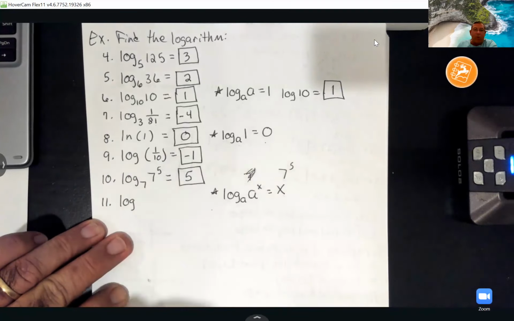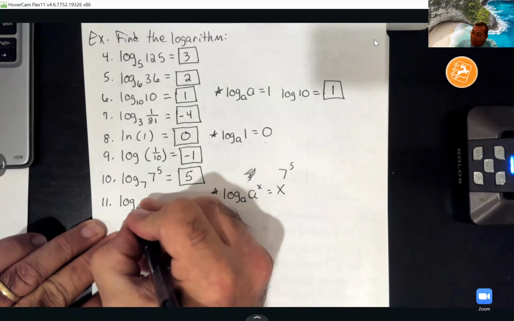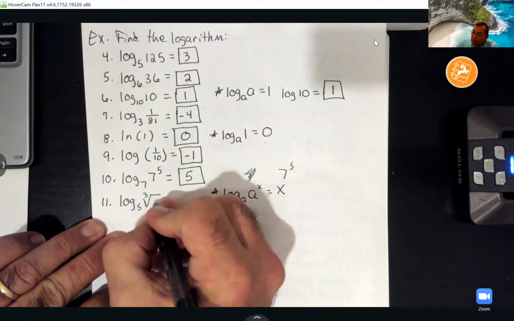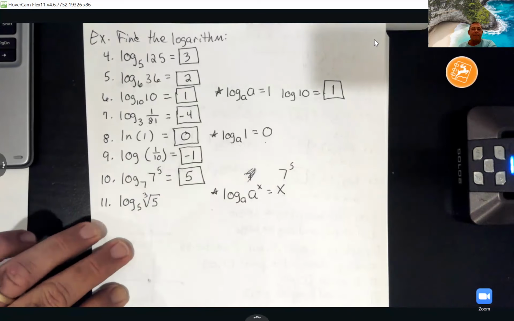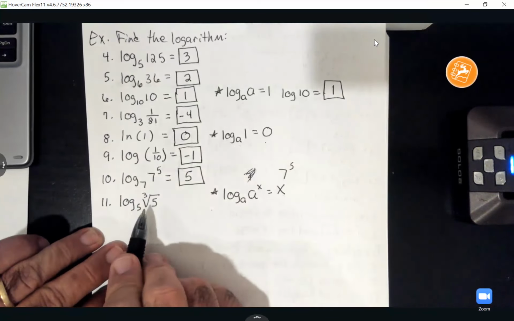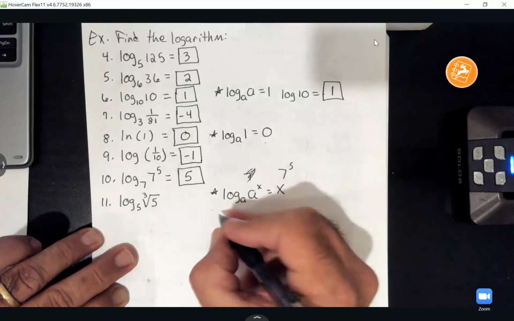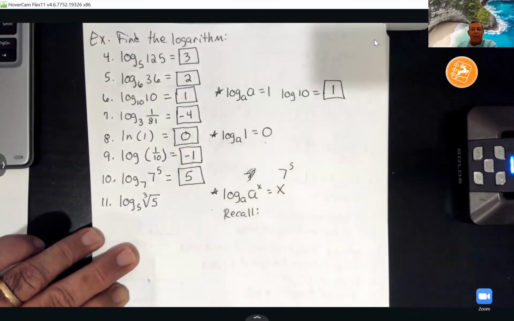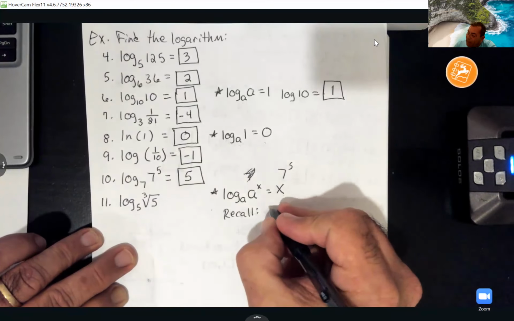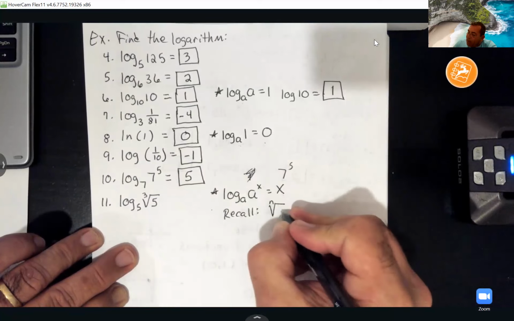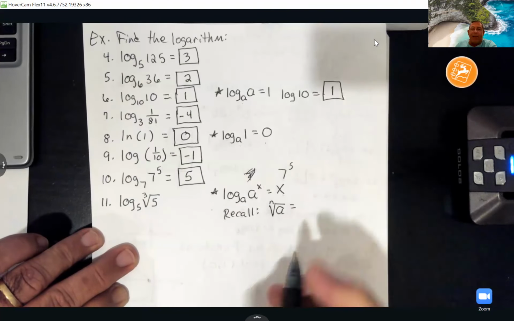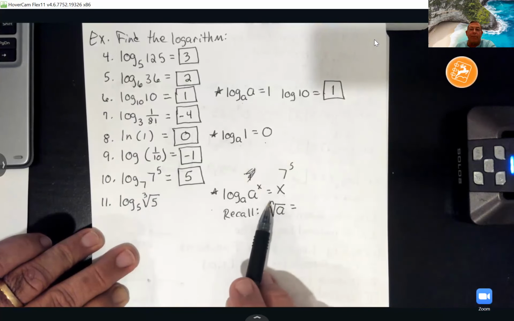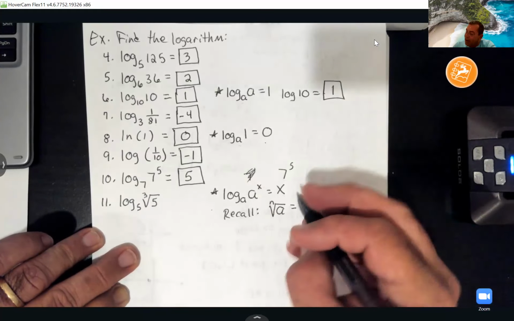All right, let me see what you remember about radicals. Log base 5 of the cube root of 5. Let me help you a second. Recall this one property, and it deals with radicals. This is a cube root here, but I'm just doing the nth root to show you the pattern.